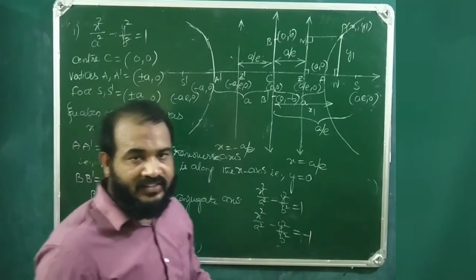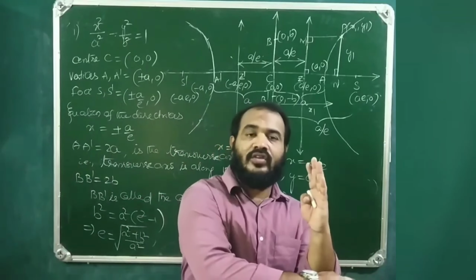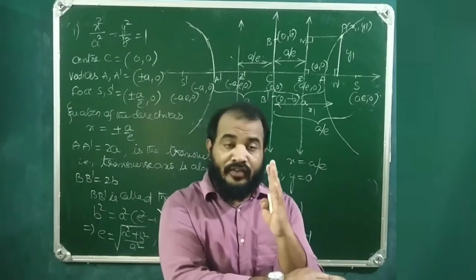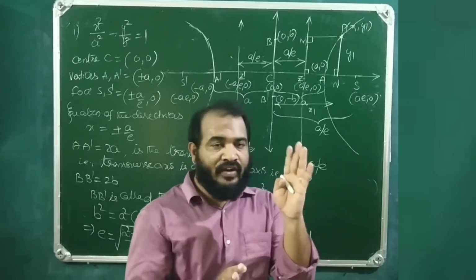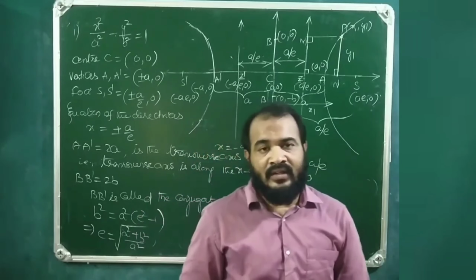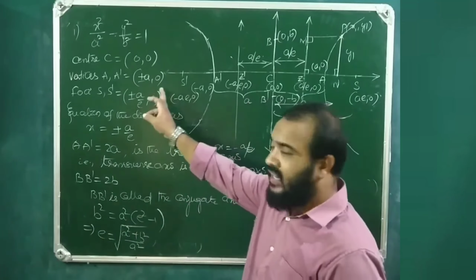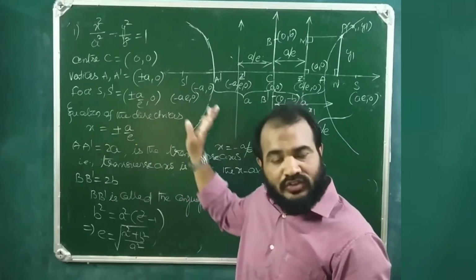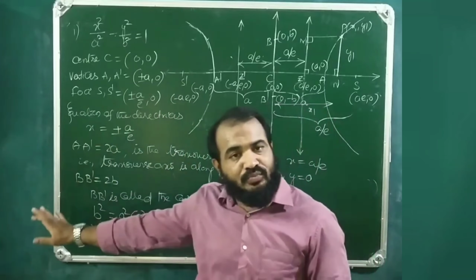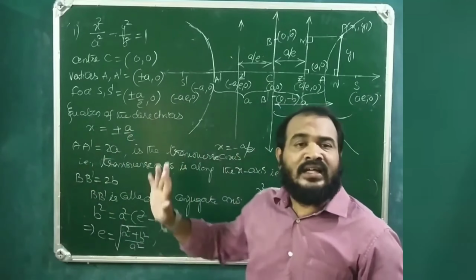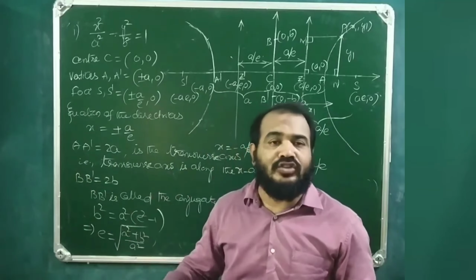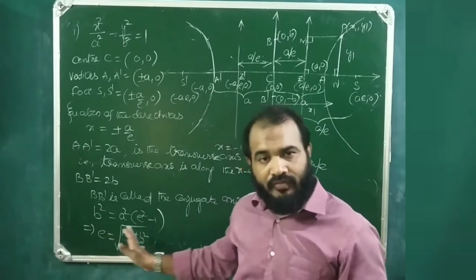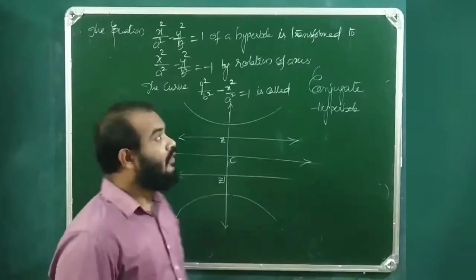Rotation of axis means the origin is fixed, and without shifting the origin to some other place, we rotate. Then the transverse axis becomes the conjugate axis and the conjugate axis becomes the transverse axis. Such a type of hyperbola is said to be the conjugate hyperbola, which we will be seeing now.